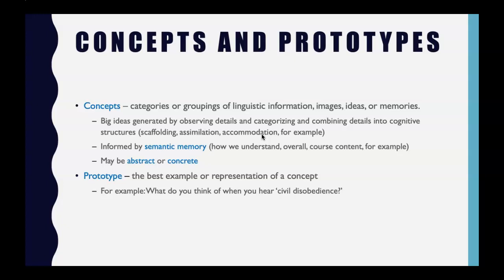Whereas accommodation might be an example of a small child understanding that a dog has 4 legs and seeing a goat, which also has 4 legs. Well, the child's going to make that differentiation that, oh, well, not just dogs have 4 legs and are fuzzy. Also, we have this idea of goats. So we're going to accommodate or build a new building for that concept of a goat.